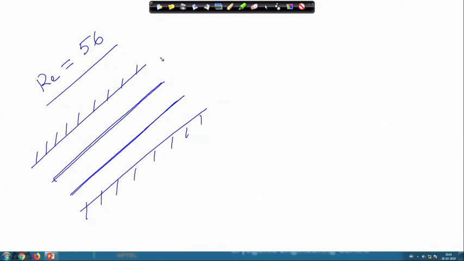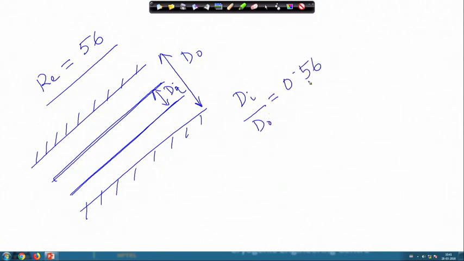For this type of configuration, di by d0 is 0.56, and assuming this wall temperature to remain almost constant, we have a corresponding value for the Nusselt number equal to 5.56.